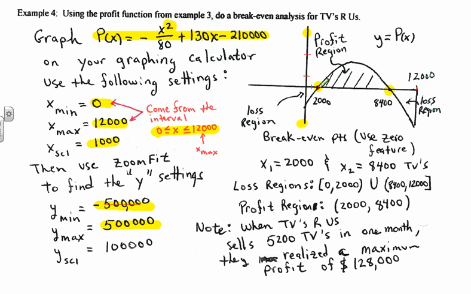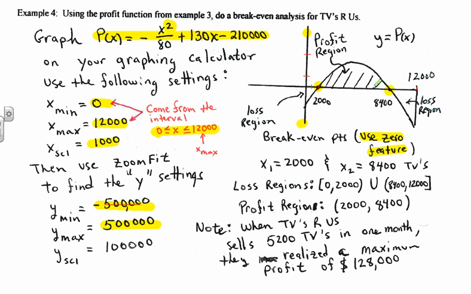As I mentioned earlier, this right here is the first break-even point, and this second one is the second break-even point. Notice that they're both inside the interval from x equals 0 out to x equals 12,000. So I use the zero feature of the calculator, and I find the first zero, and it's 2,000.